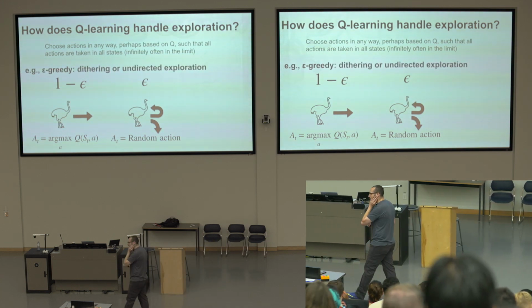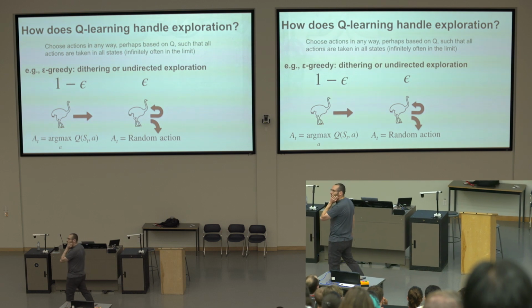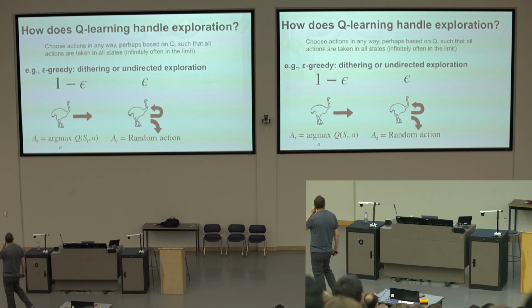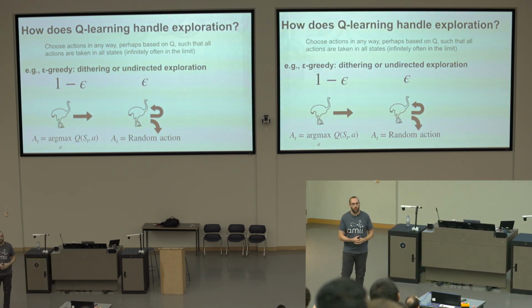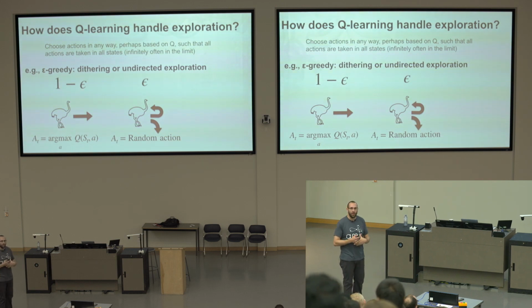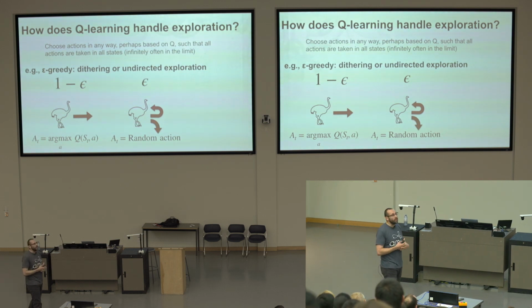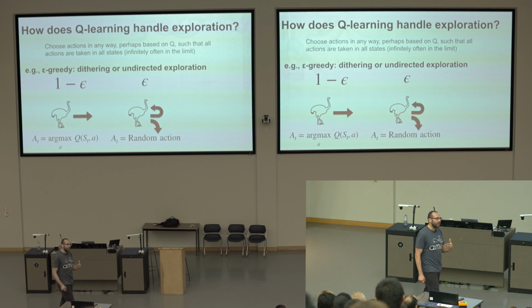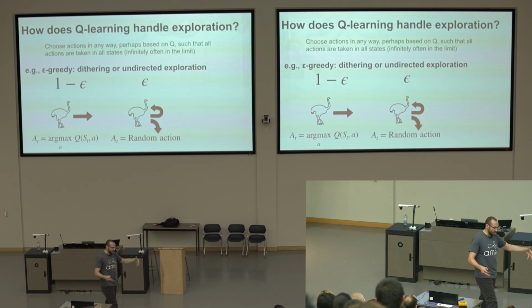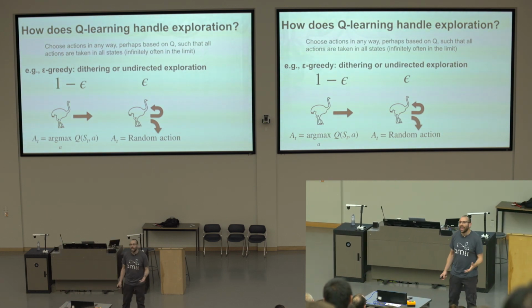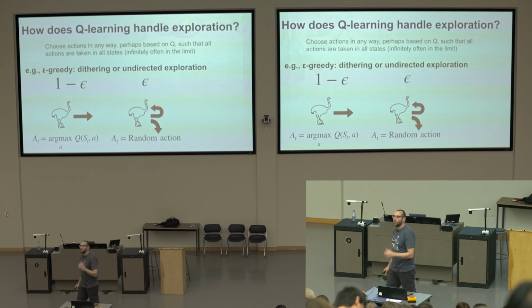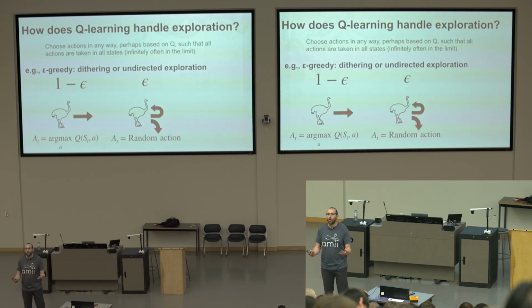We've given this kind of exploration strategy a maybe uncharitable name, but I think it's pretty accurate: we call it dithering, or undirected. It's not reasoning very deeply about the world when it's exploring. For instance, what would happen if you've tried some action in this state on previous experiences and it was terrible? It was minus a million. Like coconut.